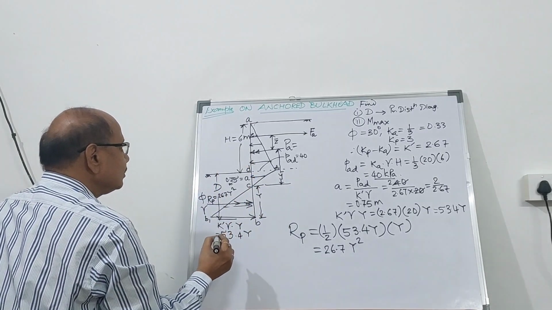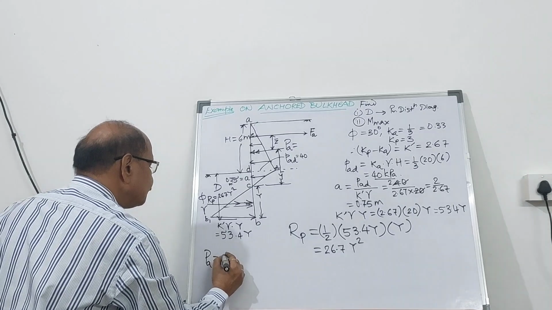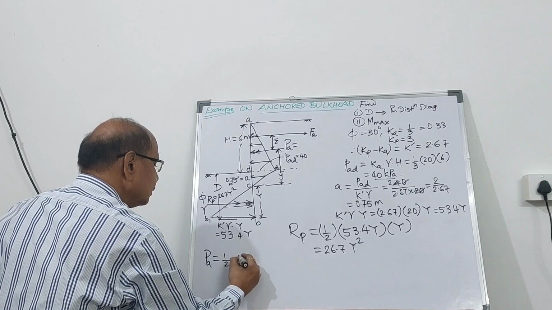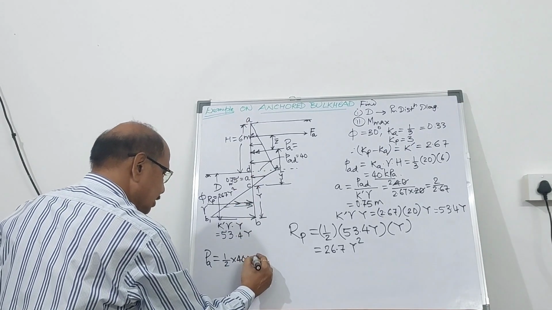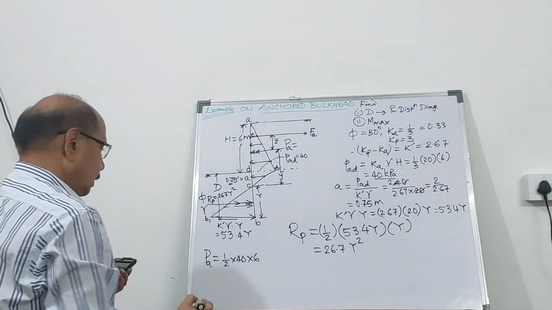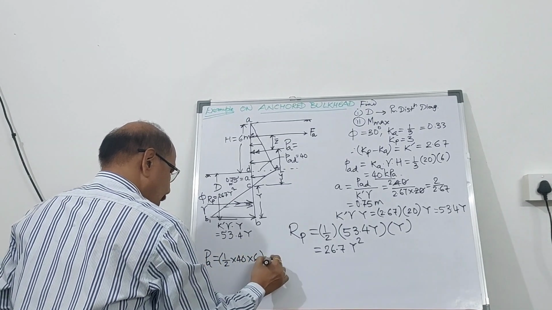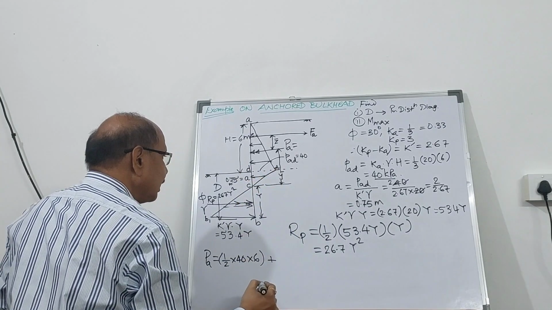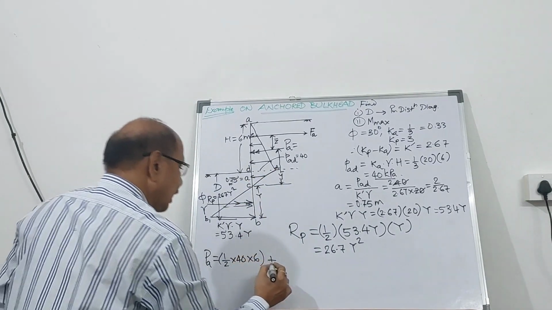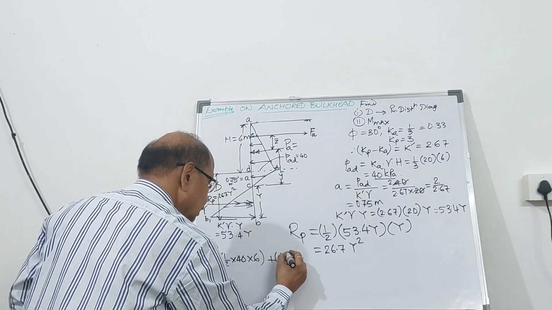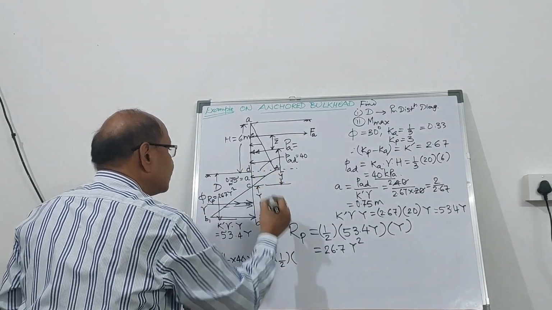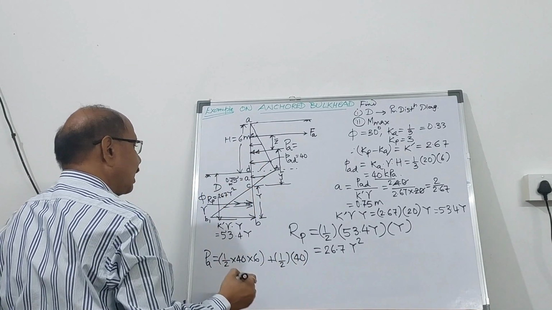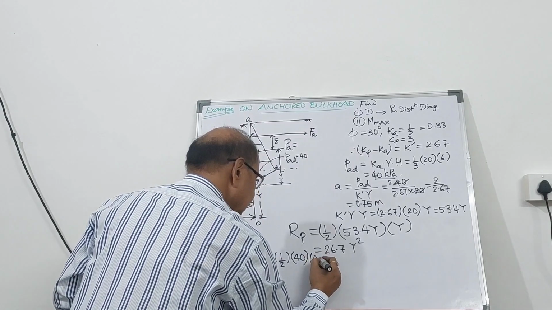So ADD1 will be half into base, that is 40, into height, that is 6 meter. Plus another DD1C, this area will be half into base, same 40, and this height is 0.75.